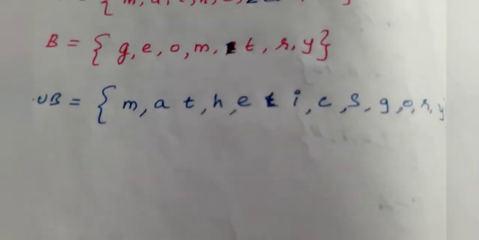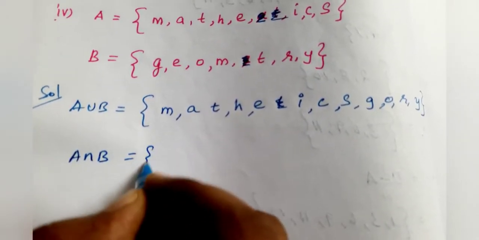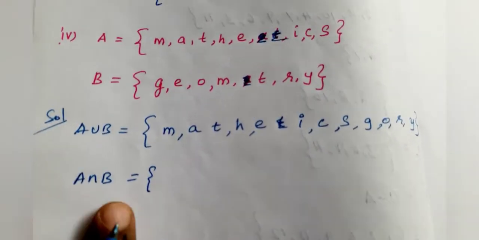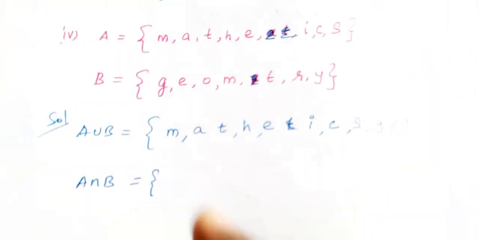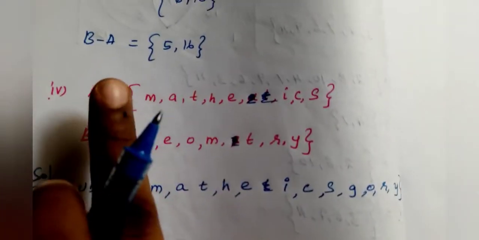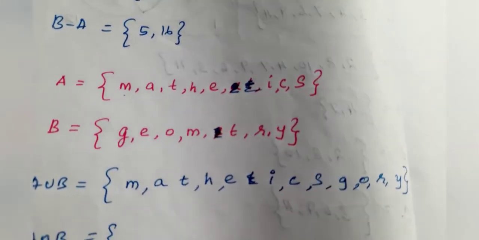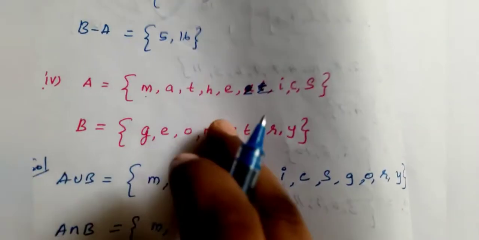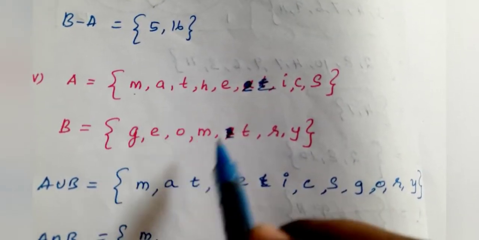Next we can see A intersection B. Now you have to check the elements of A and B. Just find the common or same elements in sets A and B. What are the same elements? M is repeating, so M is the same. Here A is not repeating.